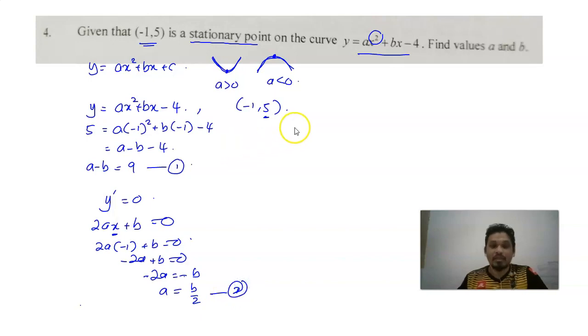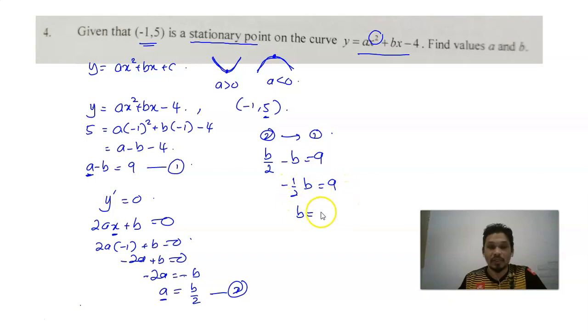Equation 2. Substitute equation 2 into equation 1, which means that we substitute the value of a with b over 2: b over 2 minus b equal to 9. One half b minus b comes out as a half minus 1, so negative 1 over 2 b equals 9. Then b equals negative 18. Substitute b equals -18 into either equation 1 or equation 2, up to you.